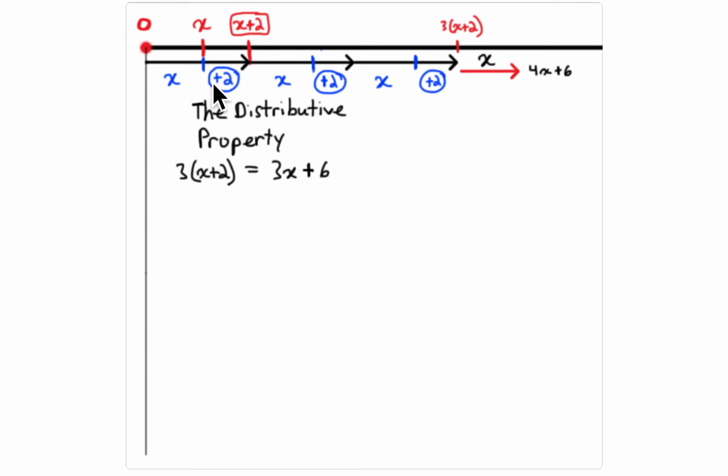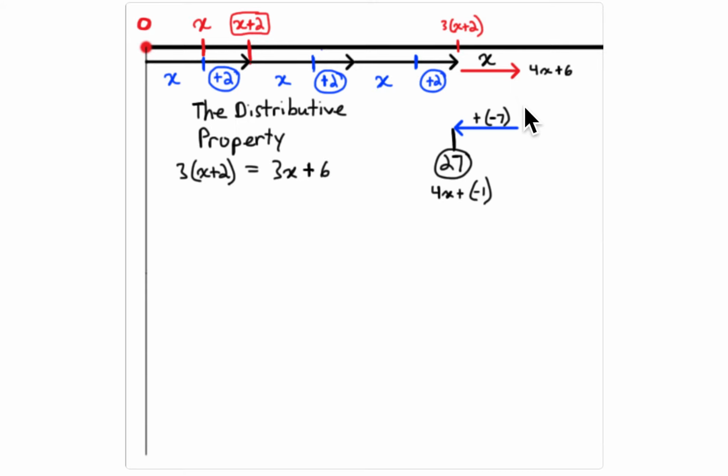So this right here, 1x, 2x, 3x, plus 2, 4, 6. Now this is 3x plus 6. And I'm going to add one more x to that. So that tells me out here, this is 4x plus 6.